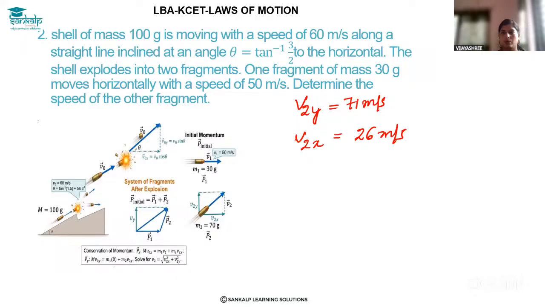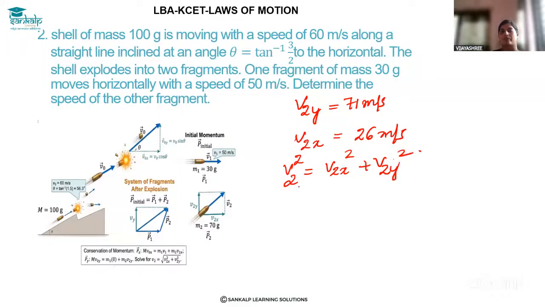Now find the speed, or the velocity, of the second fragment. So v2 square is equal to v2x square plus v2y square.